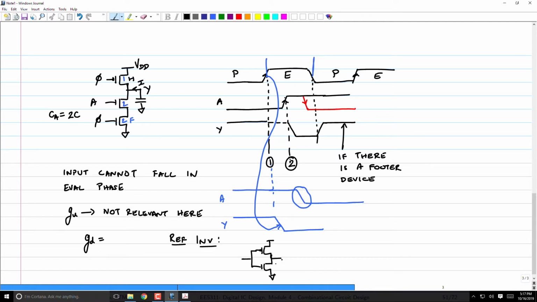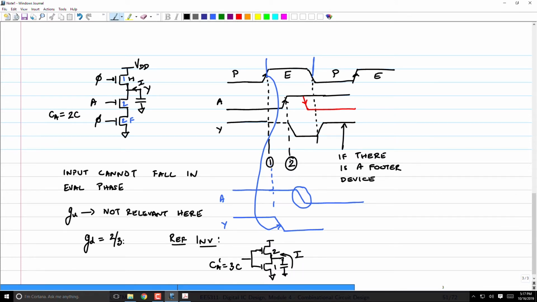So this has to be I, which means this has to be how much? 1. If this is 1, what's the PMOS? 2. Therefore, CA prime is how much? 3C. Therefore, what is the pull-down logical effort? 2 by 3. Clearly, this is a number that is less than 1. So it's faster than your static CMOS inverter whose logical effort is 1.